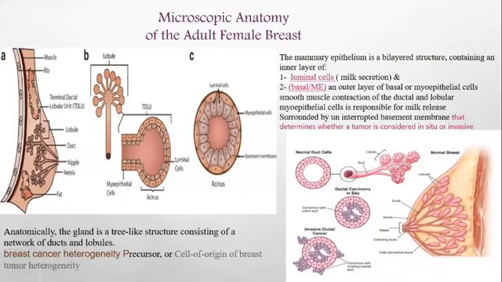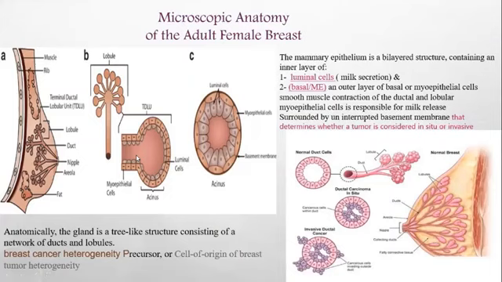Okay, so going more microscopically into these structures. This is a duct, and these are lobules. If we take this here, this is the acinus, the duct, the lumen. There are two layers of epithelial cells.